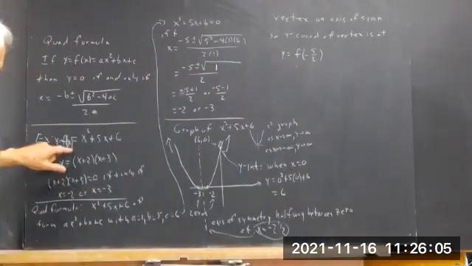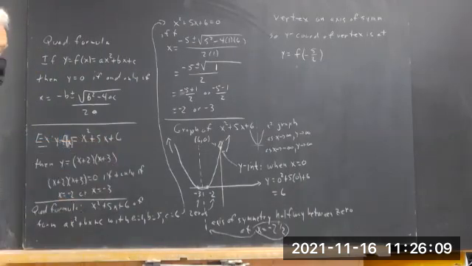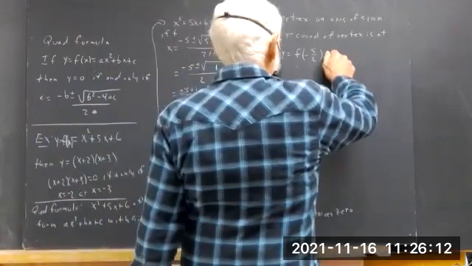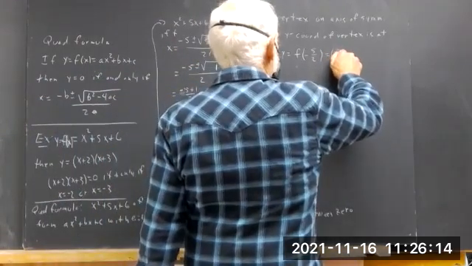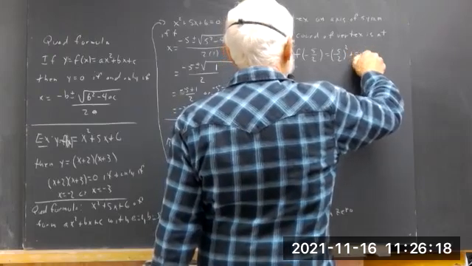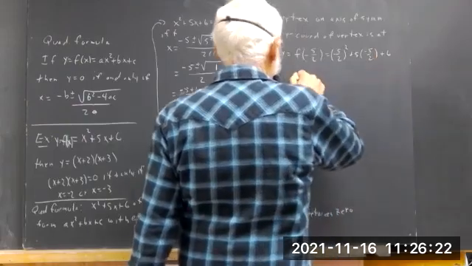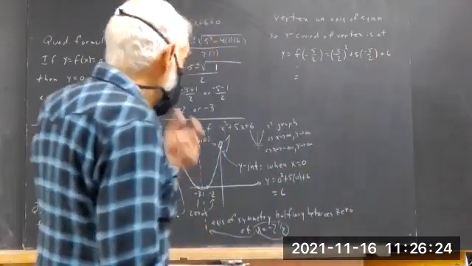And f of -5 halves, you just plug in -5 halves for x. Plug it in.